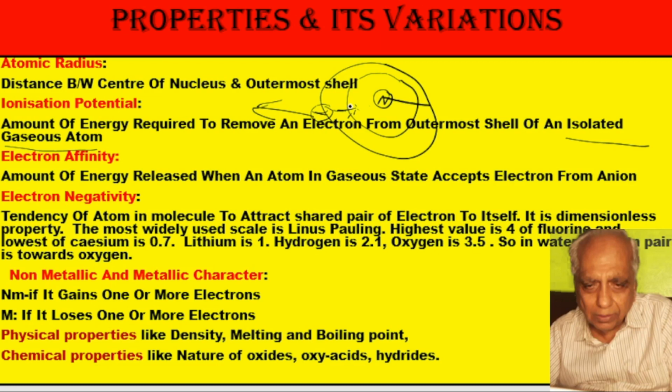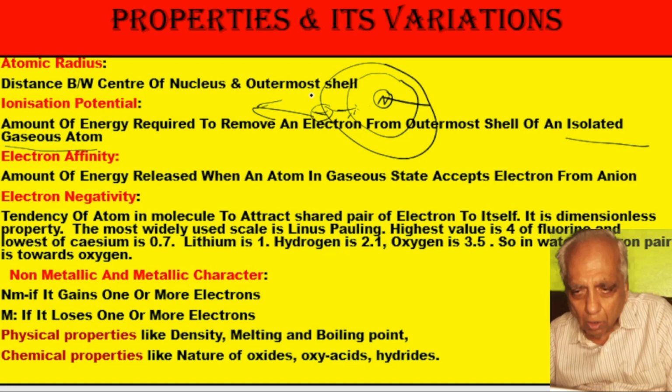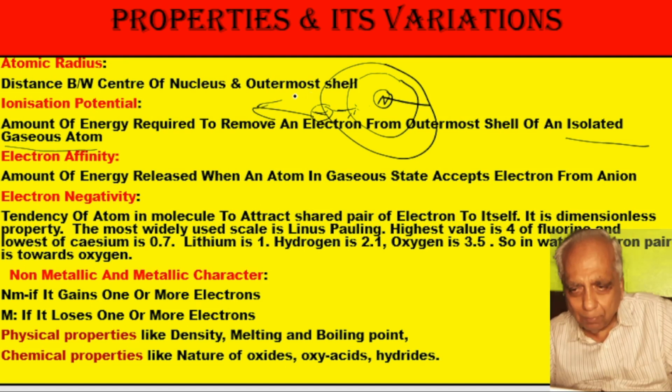As soon as it comes, the electrons in the outermost orbit will repel it, because like charges repel. So when the electron comes to this orbit, it releases some energy. Now in case we want this electron to go out from this orbit, we will have to supply the energy.